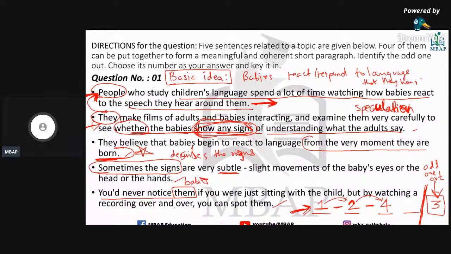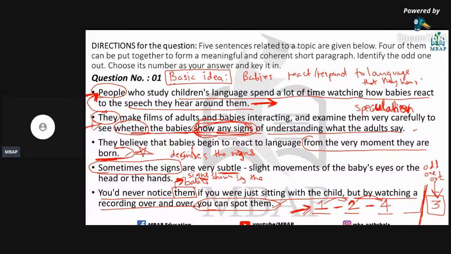Okay, you would never notice them if you were just sitting with the child, but by watching a recording over and over, you can spot them. And this "them" doesn't indicate babies. I said babies, but it's not just babies. It is signs shown by the babies.